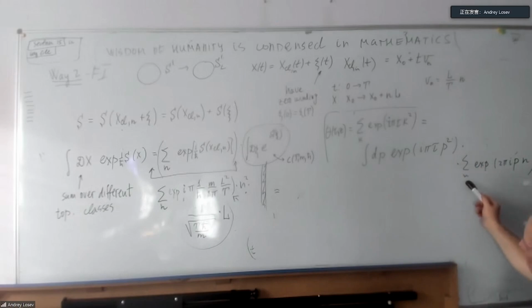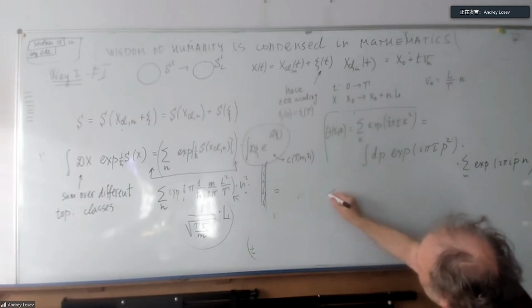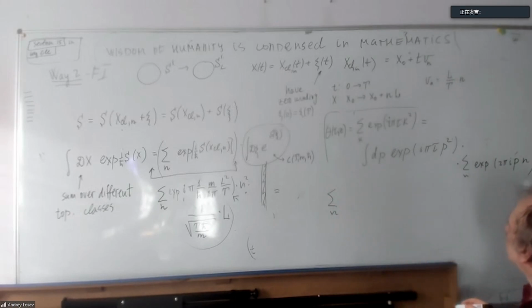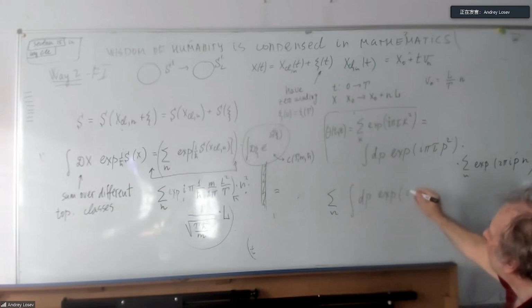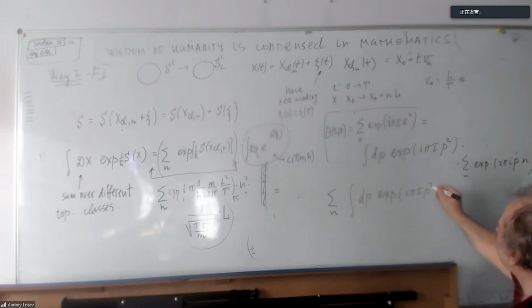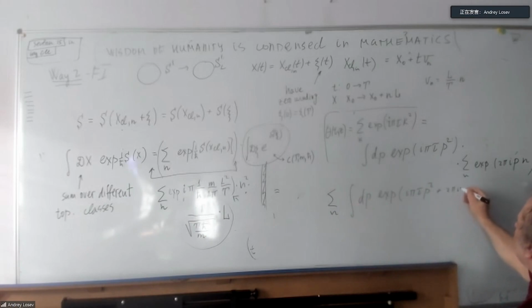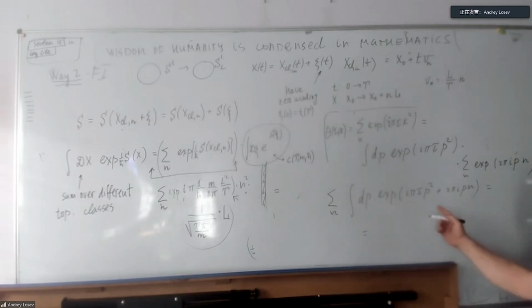And now I'll take this sum out. I have the integral over dp of exponential i pi tau p squared plus 2 pi i p n. But it's a Gaussian integral, and I know how to take it.